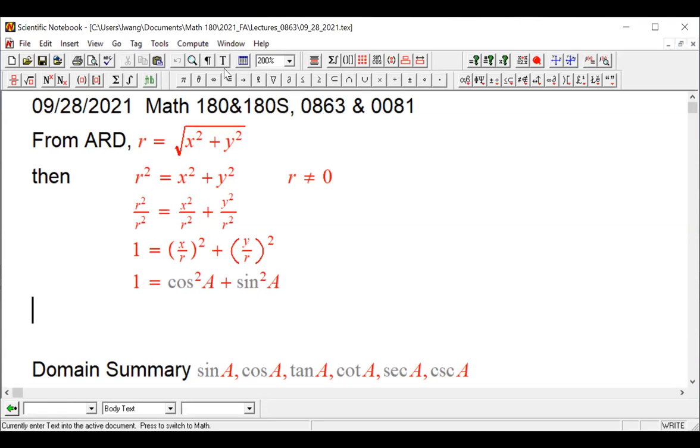That is sine squared of any angle plus cosine squared of any angle. In most applications, they use x to replace A. It doesn't make any difference.